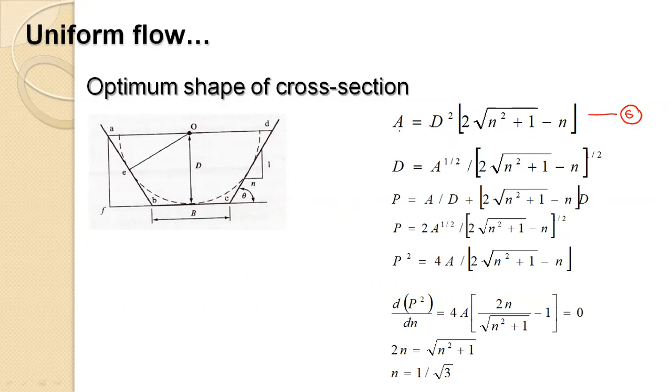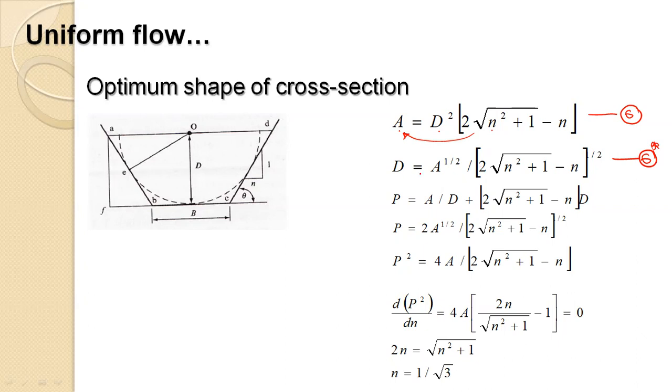Since A is with D and N, I did the rearrangement of the terms, got D on the left-hand side, and got the square root of all the terms so that I would get an expression for D now. It's the same equation 6, but I moved all these terms to the left-hand side and then got the square root.